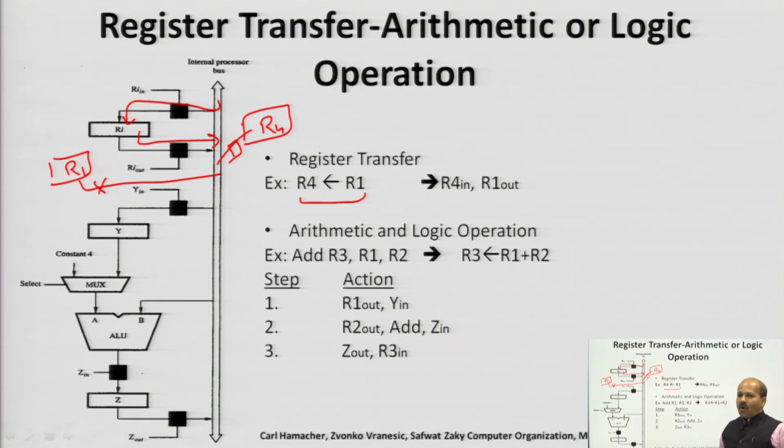Two operands, R1 and R2, are required to perform the addition operation in ALU. Here you can see one operand can be transferred through the bus and another operand can be transferred through the Y register and multiplexer to this input pin.